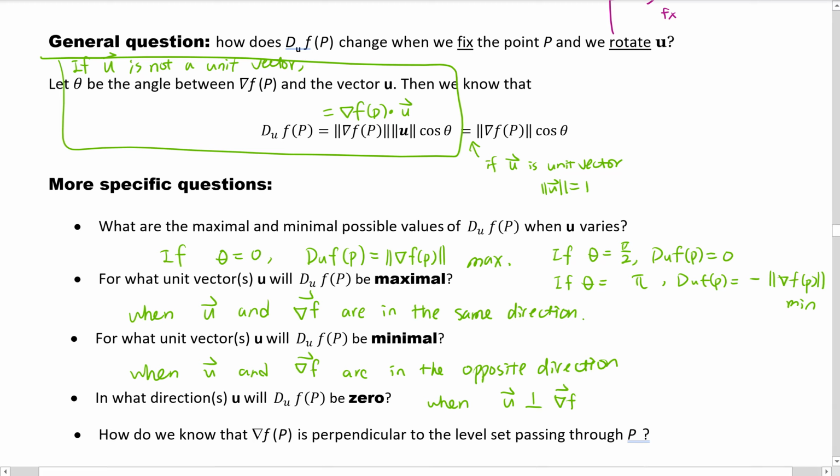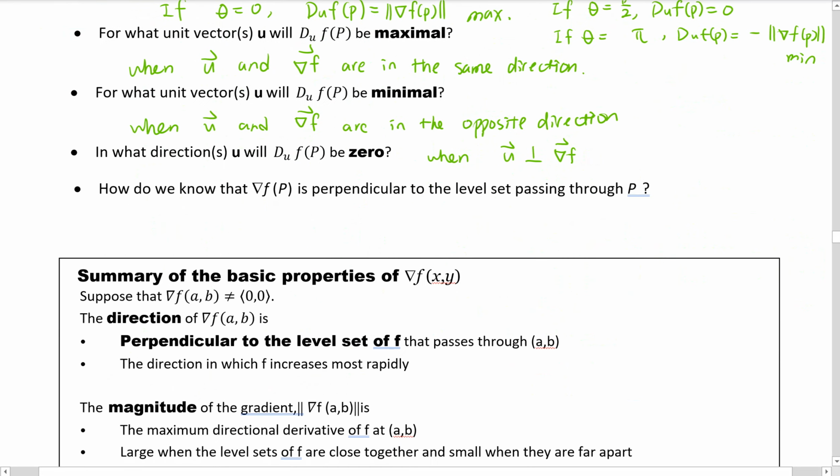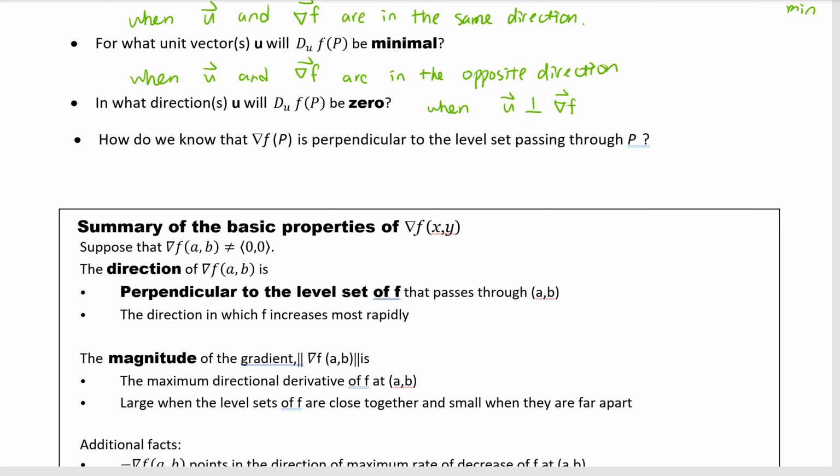How do we know the gradient vector is perpendicular to the level set passing through P? Let me draw a picture. Let's say this is a level curve, f of x, y equals 0, and this is the gradient, where the gradient of f equals fx, fy.